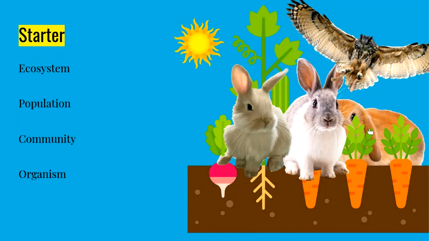If there was water here, that water would also be contributing to these organisms' survival. So the non-living things are also part of the ecosystem, they're also required. The ecosystem is all of the living and non-living things that are functioning together.